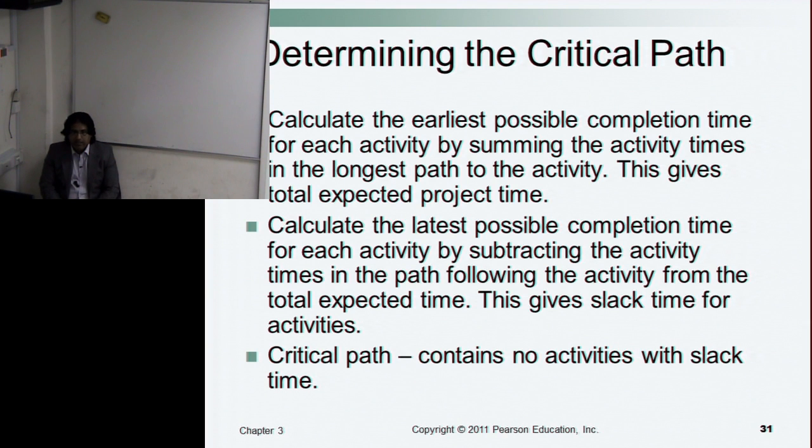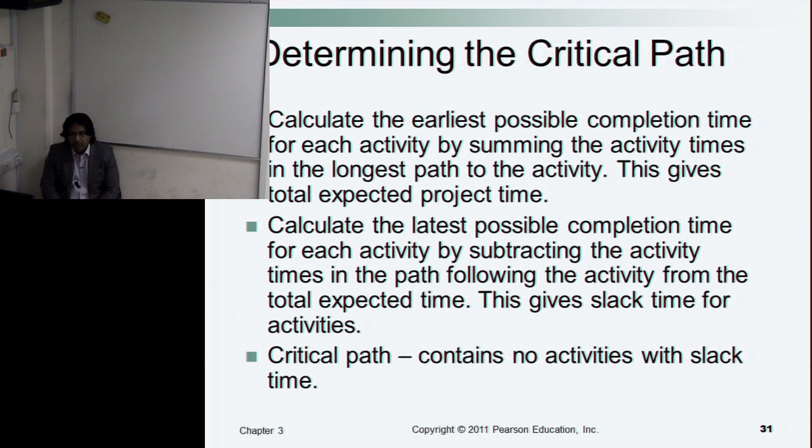So, in earliest completion time, we were summing up the activity times, but here we would be subtracting the activity times, and this gives us the slack time for the activities at the end.